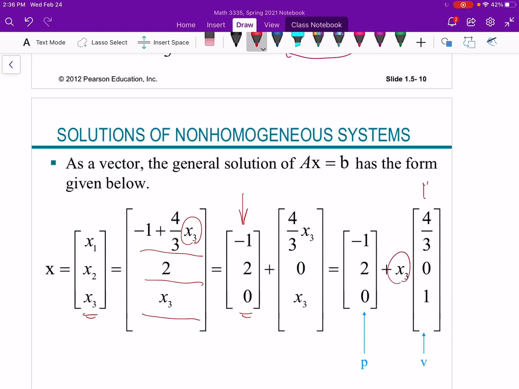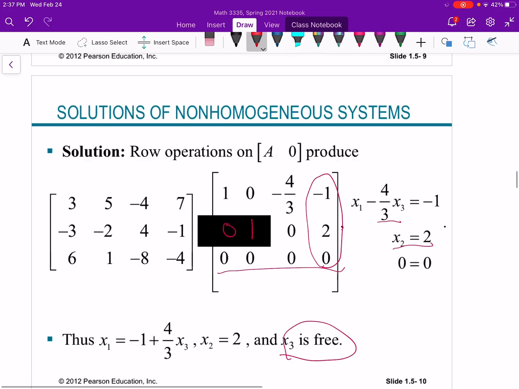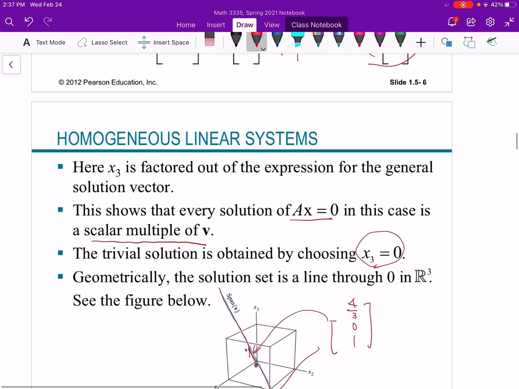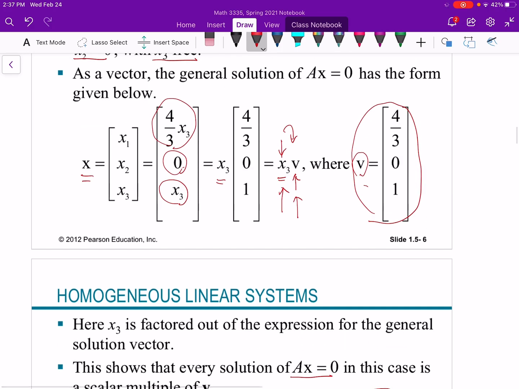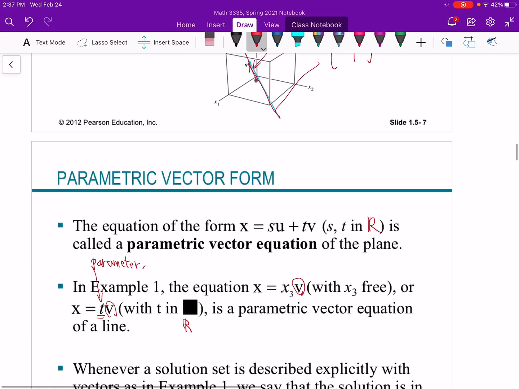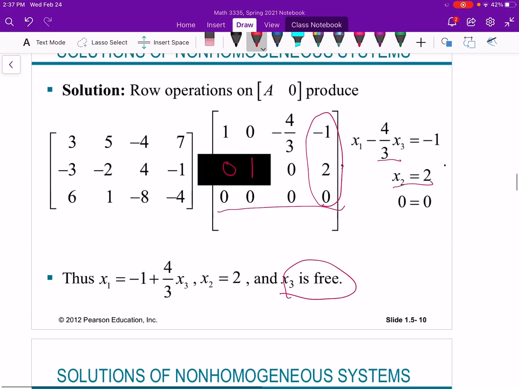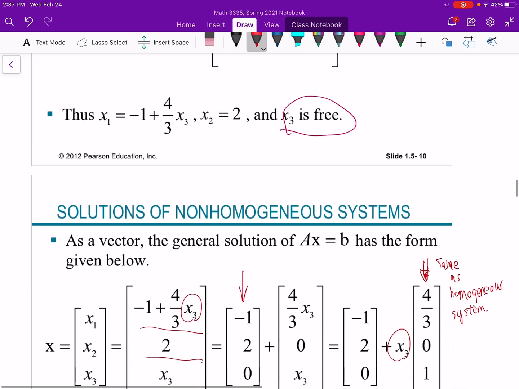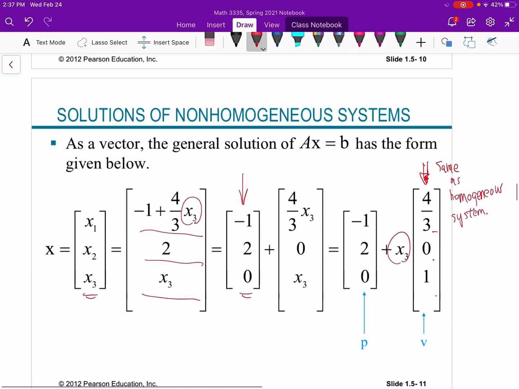You notice that this v is the same as in the homogeneous system. If I roll back, you recall there's a 4/3, 0, and 1. It's also 4/3, 0, and 1 here.